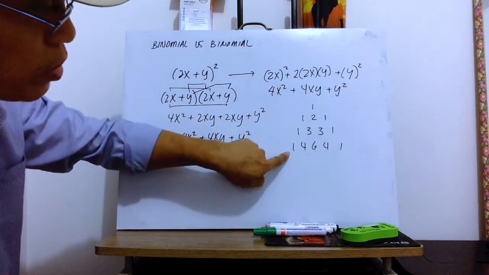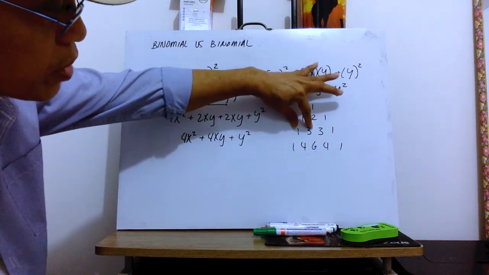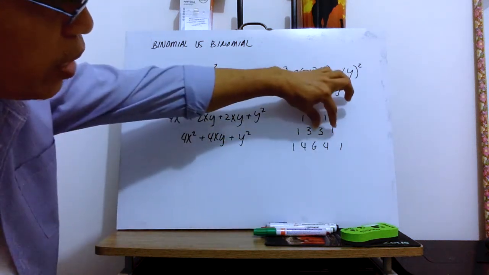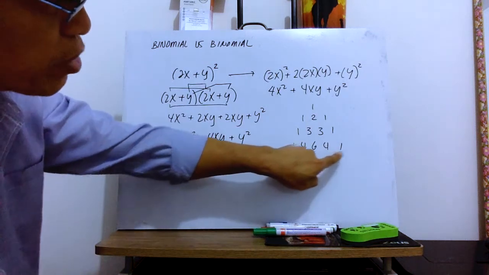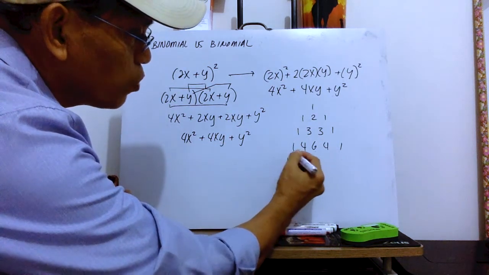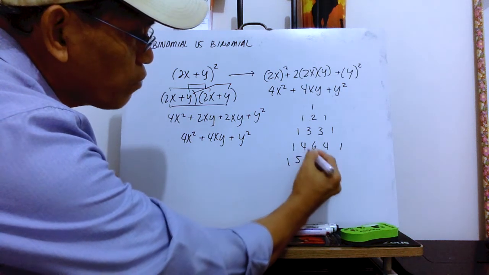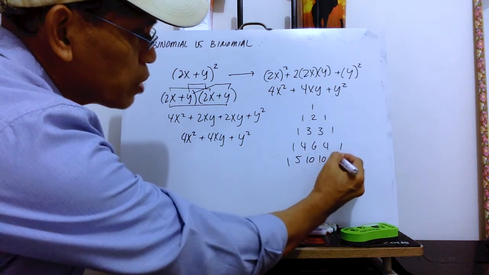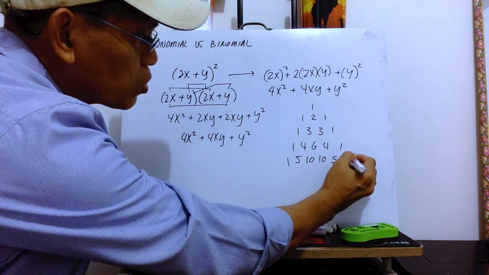Then start with 1, add 1 plus 3, that's 4. Add 3 plus 3, that's 6. Add 3 plus 1, that's 4. Then go back to 1. I can do this forever. 1, and then 1 plus 4 is 5. Then 4 plus 6 is 10. 6 plus 4 is 10. 4 plus 1 is 5, and then go back to 1.